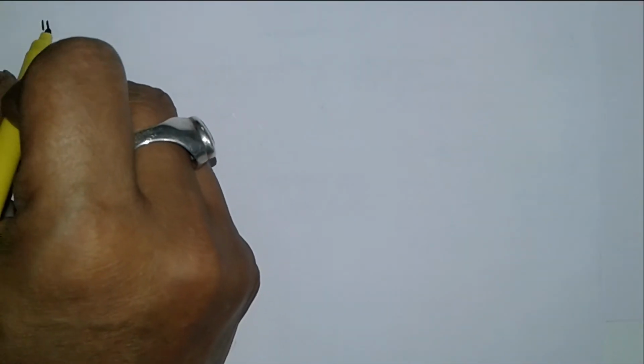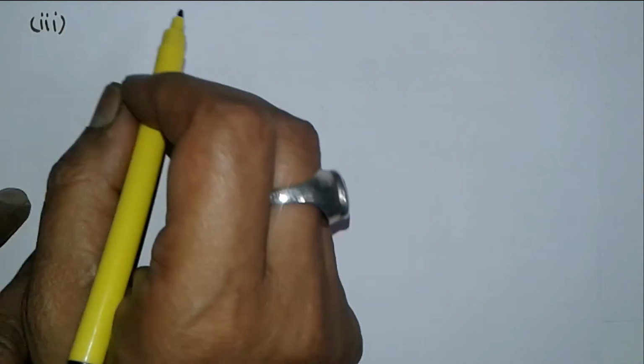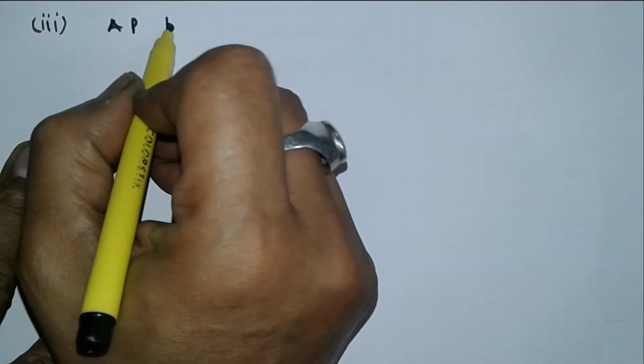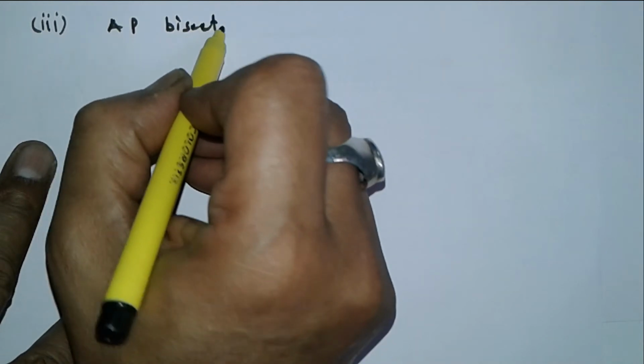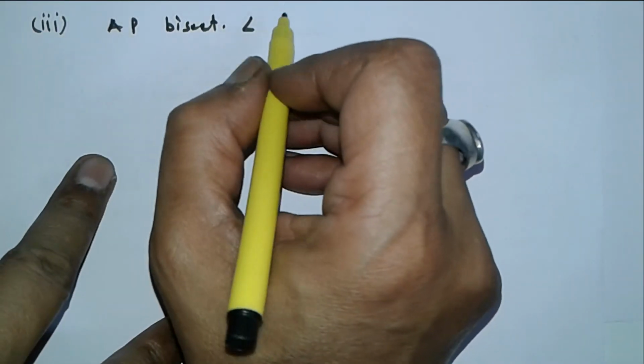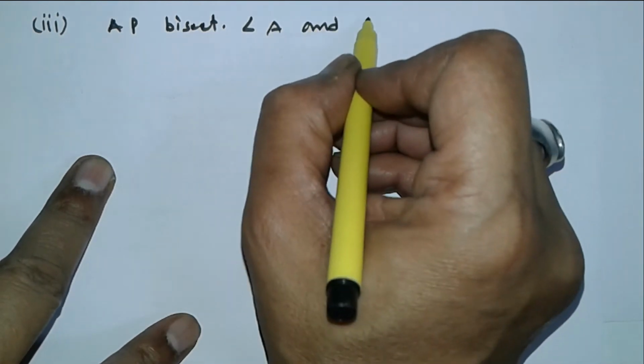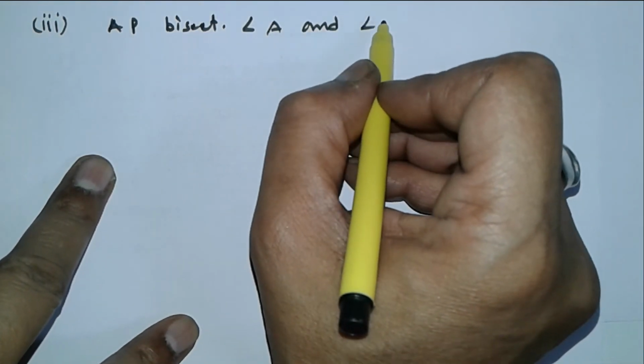The third part is, let's prove that AP bisects angle A and angle D both.